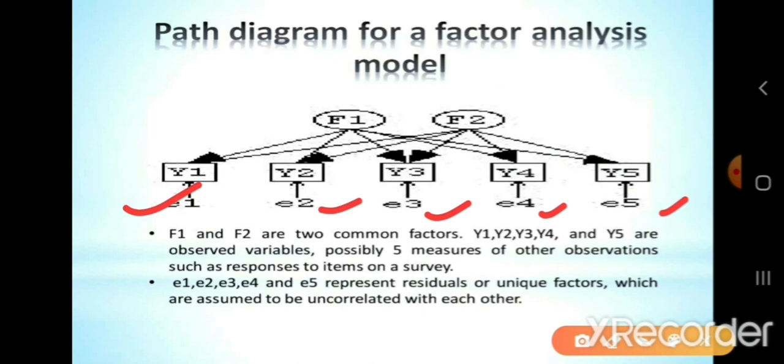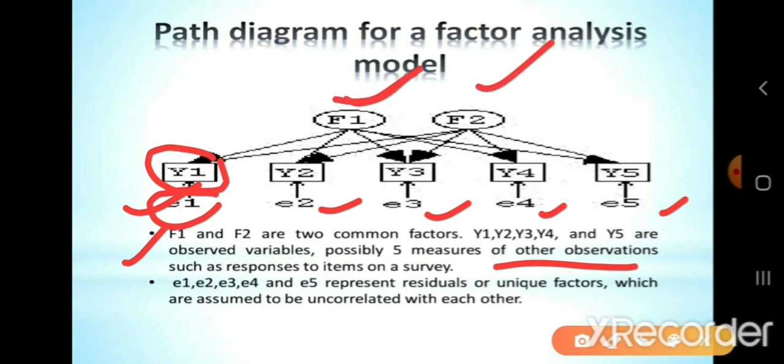Y1, y2, y3, y4, y5 are the observed variables, and they are possibly five measures of the observations. These are measured variables, and f1 and f2 are the common factors of these variables. So these factors show the interdependence.